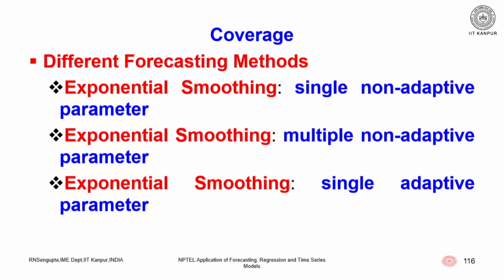Now, what is the coverage of this course? If you remember in the last two classes, the 9th and the 10th, which were the second last and the last class for the second week, the main focus was on moving average. Moving average considering the 3-month, 2-month, 5-month, and 7-month moving average.